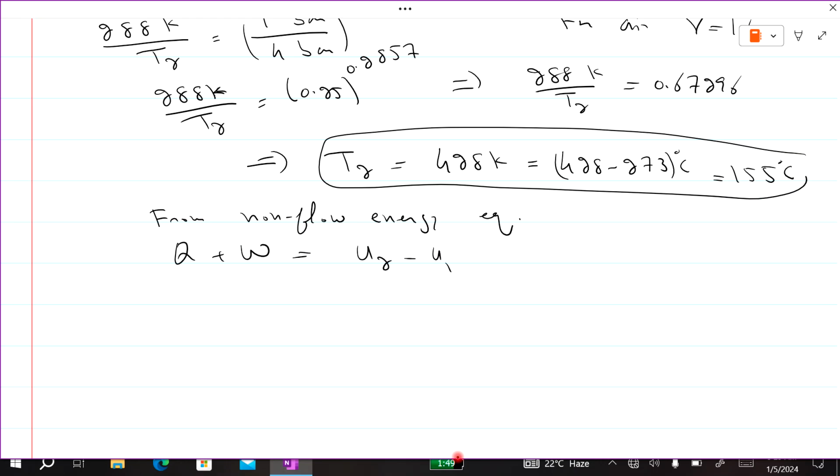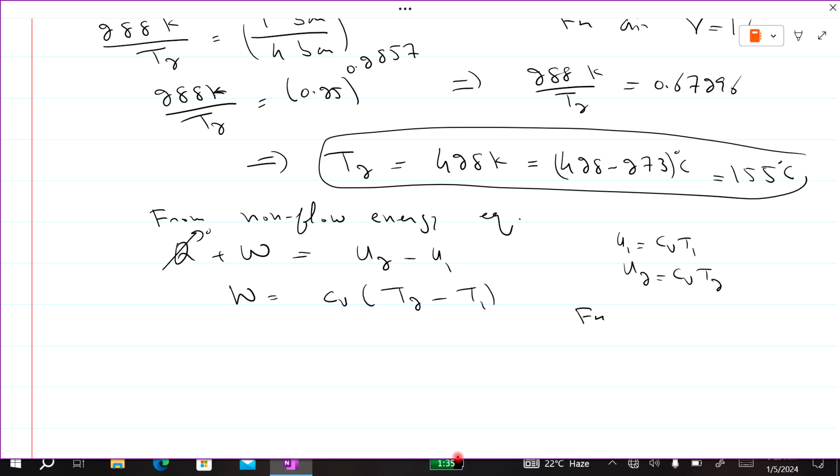For adiabatic process, Q will be equal to 0. So, U1 is equal to CvT1 and U2 is equal to CvT2. So, W is equal to Cv times T2 minus T1.